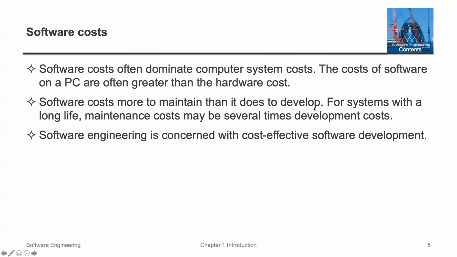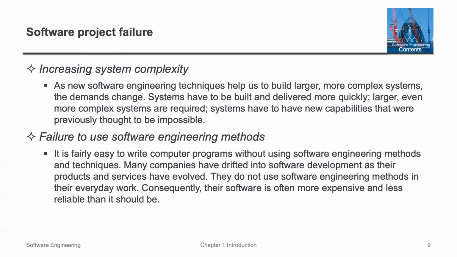You would think that developing and deploying would be it, but a lot of times these things are operational for quite a long period of time. For systems with a long life, maintenance costs may be several times development costs. Software engineering is concerned with cost-effective approaches to software development.